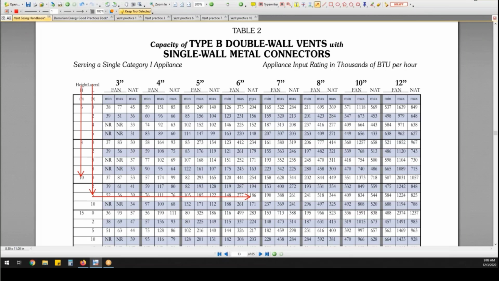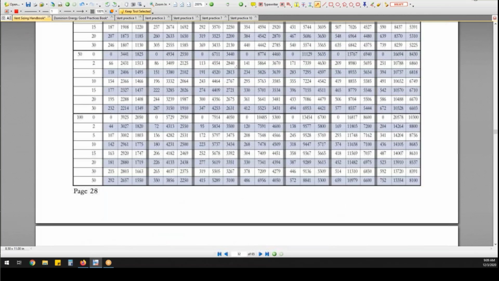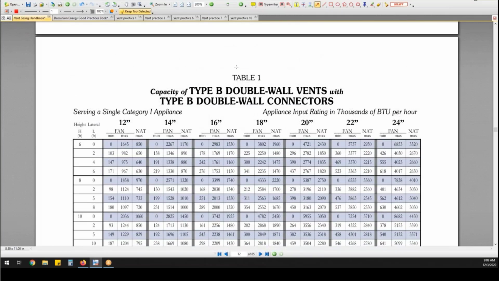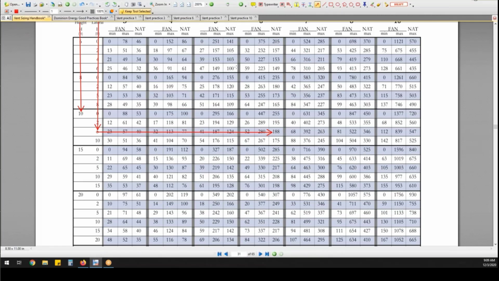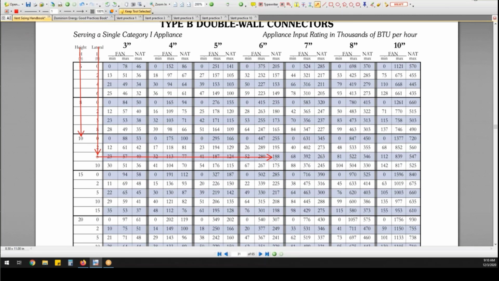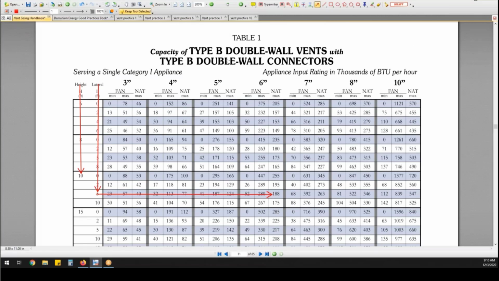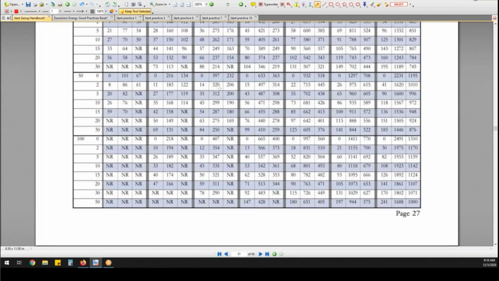Both tables showed me, the table for single wall and the table for double wall, both said for that single appliance to get the 140,000 BTUs up and out the pipe, it's got to be 6-inch. Double wall works, it can all be double wall.